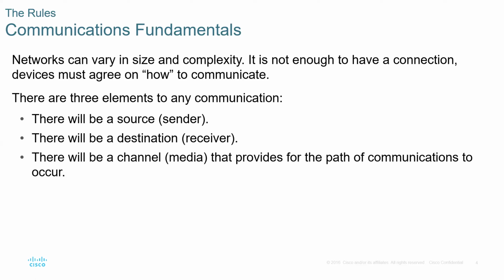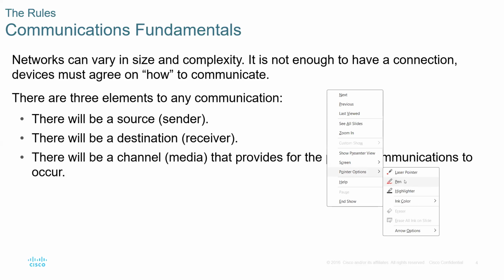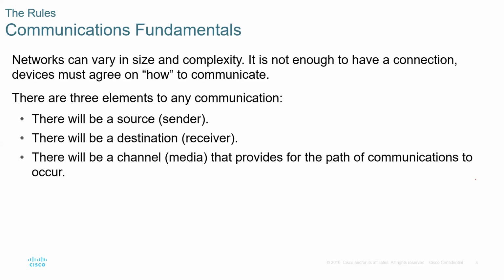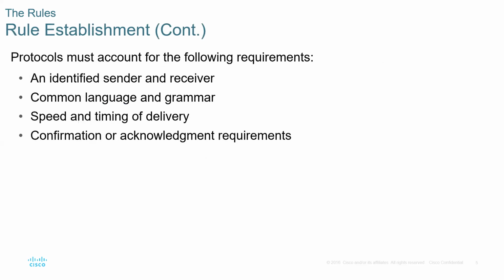If there is a communication that is happening, there must be a sender, there must be a receiver, and then there must be a medium. That is what we have looked at. Now, these protocols are basically rules that are set aside to ensure that there is understanding or effective communication between a sender and a receiver.